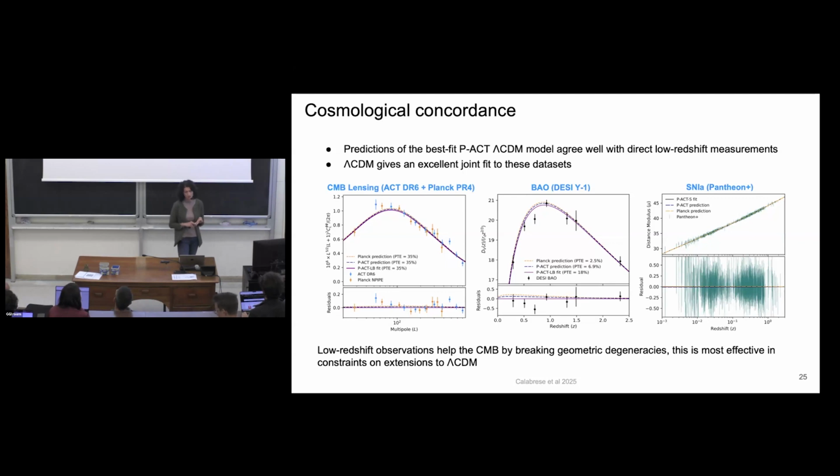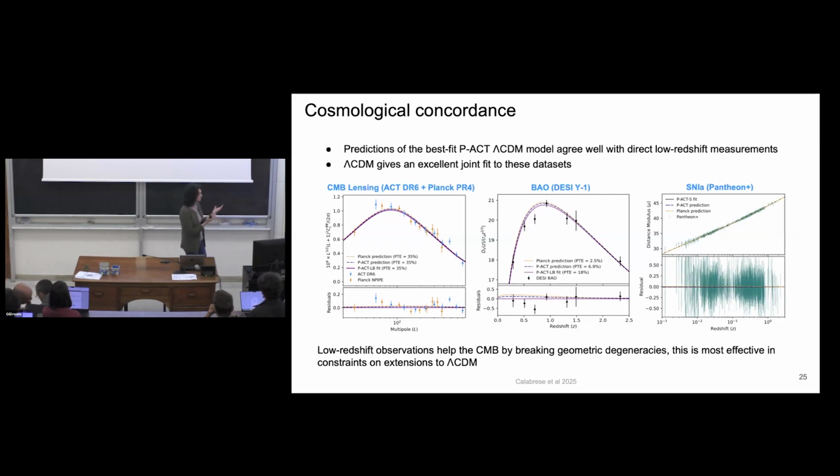At the time we were producing these results, only DESI DR1 was available, but we have redone this with DESI DR2, and it's basically the same. And then with the supernova, we used the Pantheon combination, and we found really good agreement. Our lambda CDM solution was able to predict these observations really well.